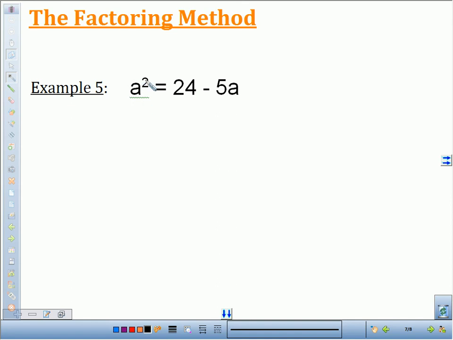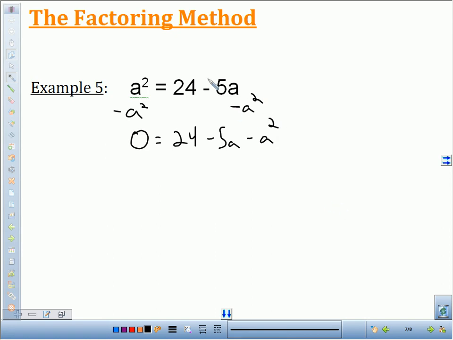So I need to move this a squared to the other side, or I need to move all of this stuff, the 24 minus 5a, to the left side. It doesn't matter which one I do. The process is going to stay the same. So I'm going to move the a squared over. I'll subtract a squared on both sides. And that would give me 0 equals 24 minus 5a minus a squared.